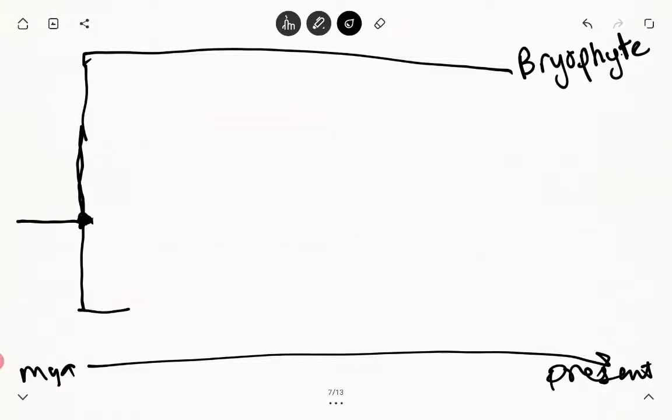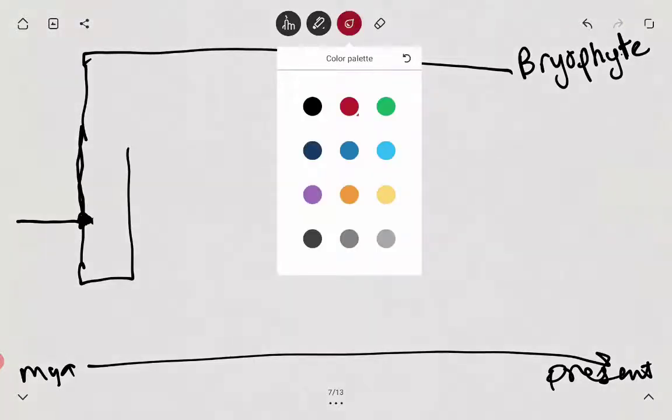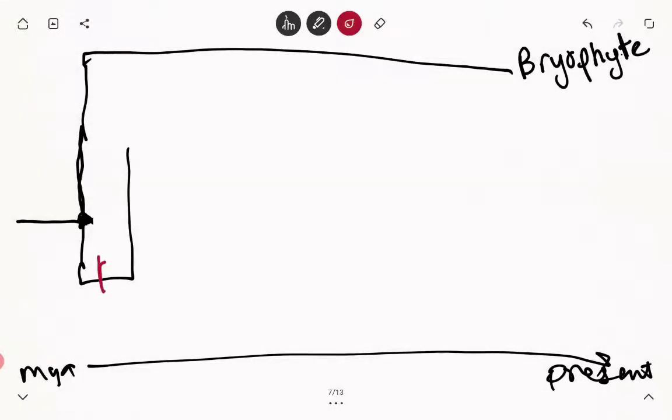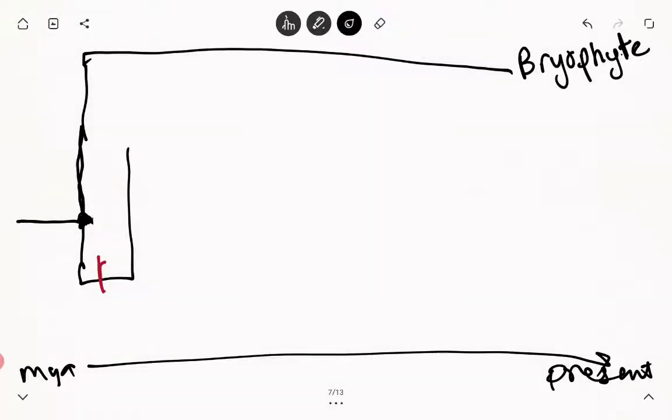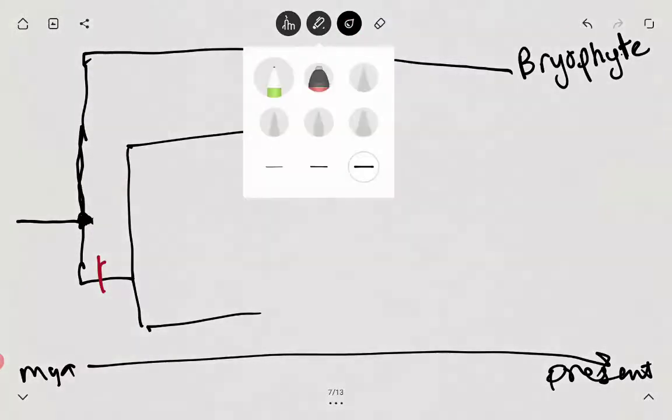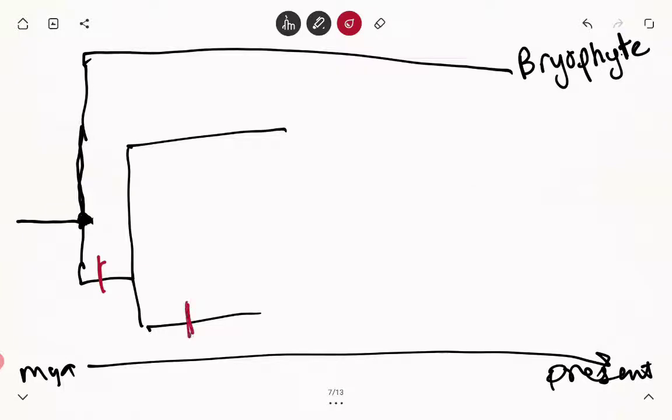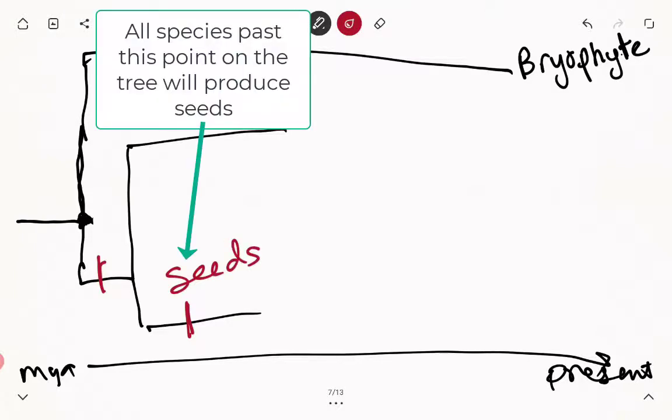On this branch point, on this end, these plants gained the trait of vascular tissue. So that xylem and phloem, right? I'm going to erase that because I need some more room. Then, the next thing that we see, we have another speciation event right there. Another splitting in our phylogenetic tree. This branch down here gains seeds, the ability to produce seeds.